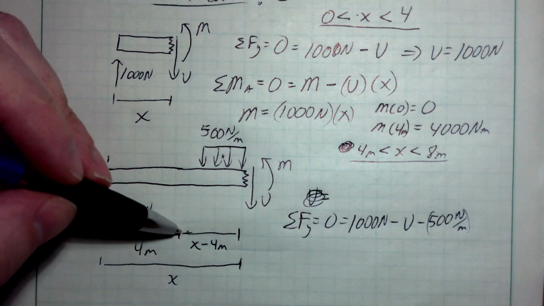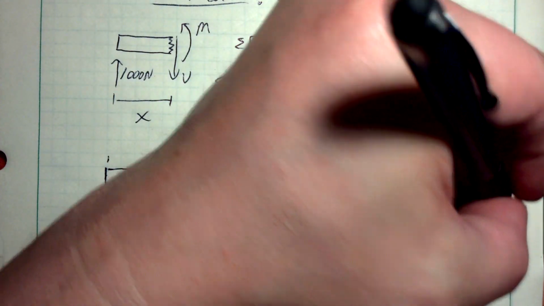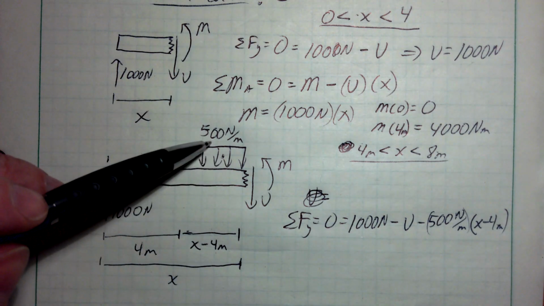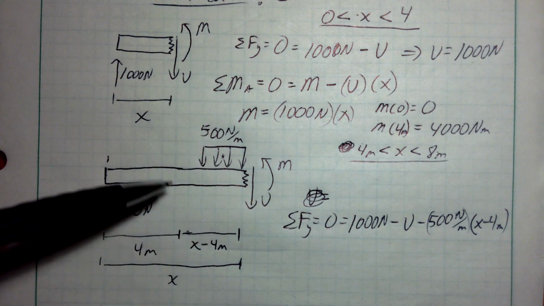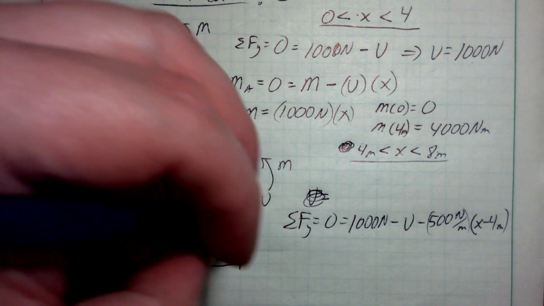It is applied over a distance, so its width is x minus 4 meters. And that would give me the area of this rectangle. This is the height, this is the width.